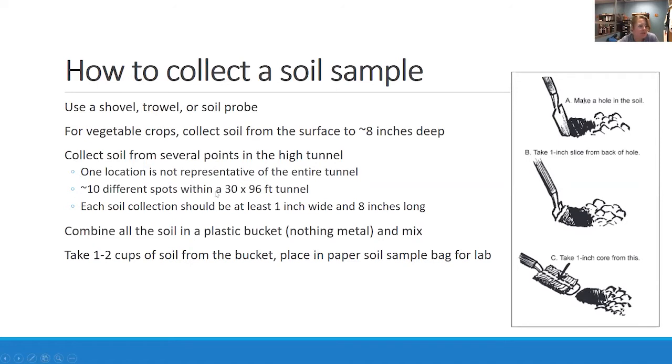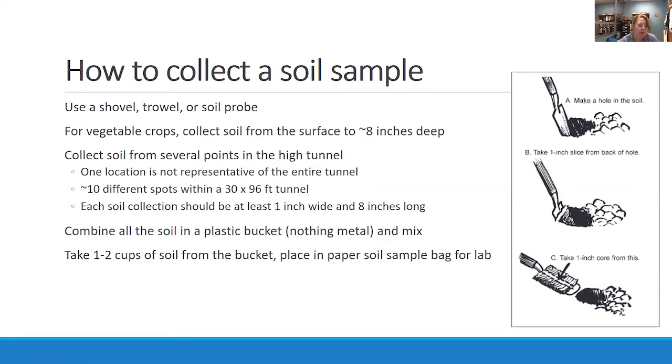In this case, I'm just using the tunnel as an example, maybe 10 different spots in a 30 by 96 tunnel, that'd be fine. Use a plastic bucket or a plastic bag, not a metal bucket. And the lab only needs about 2 cups, maybe less.